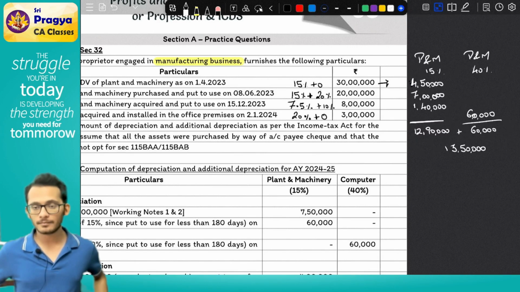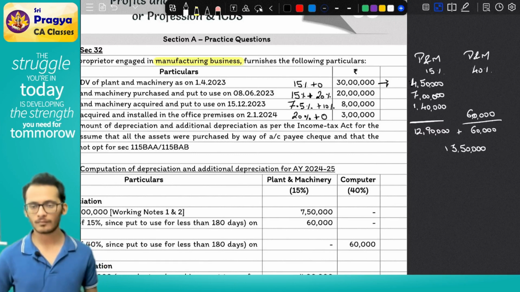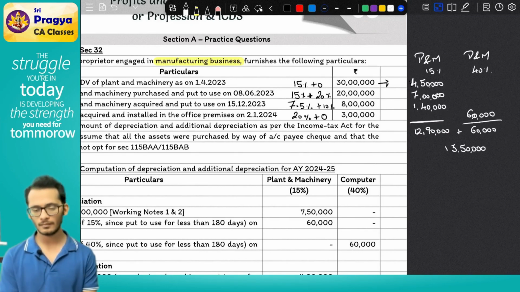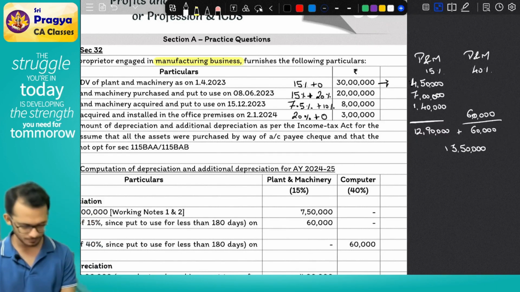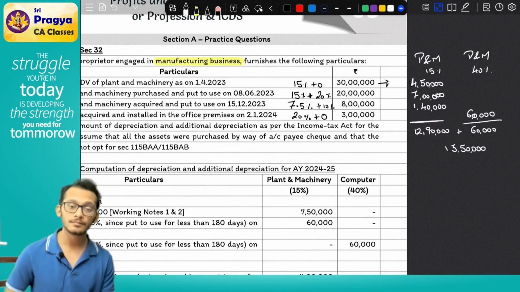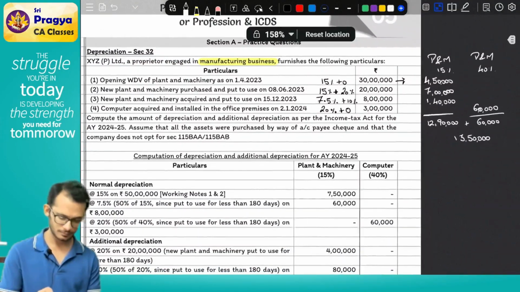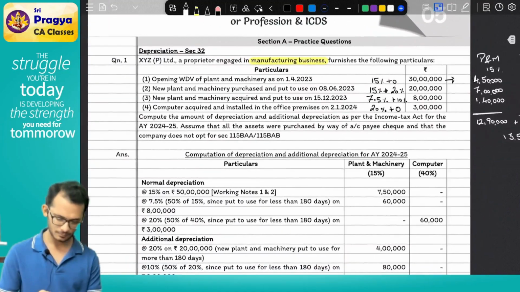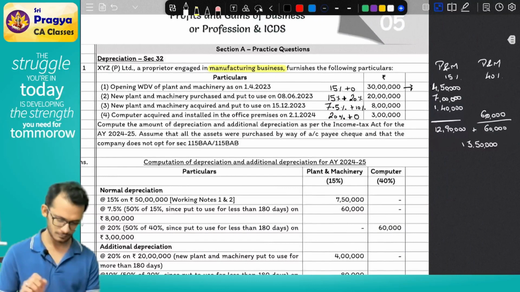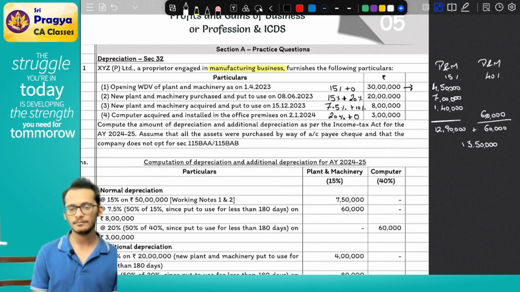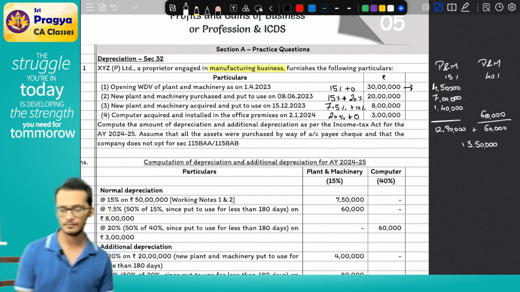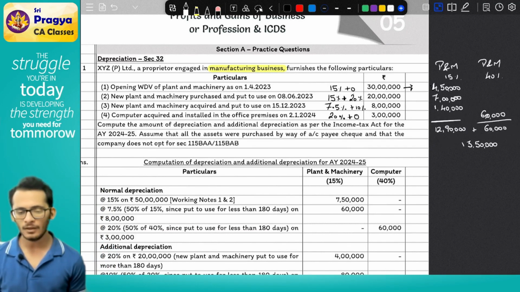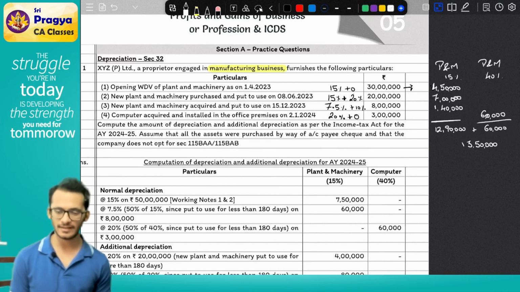See if you understood. Any doubts? All clear? Put the numbers quickly. Okay, this is just a warm-up question. We don't get these kind of questions in exams, so don't worry about it.